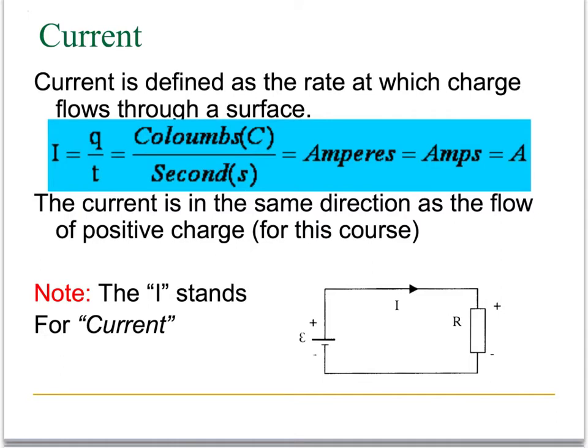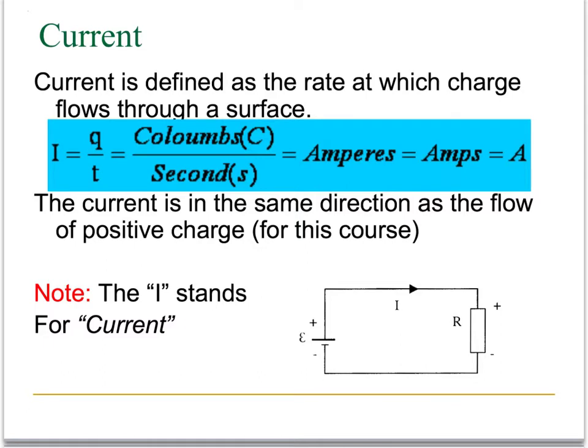That gives us a unit of coulombs per second. We're going to also call that an ampere, which is often shortened to amps, and the symbol for this unit is a capital A.